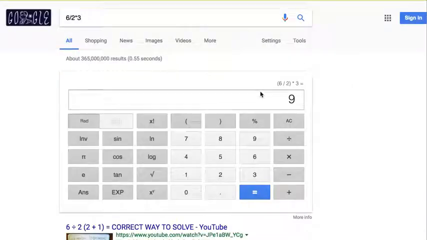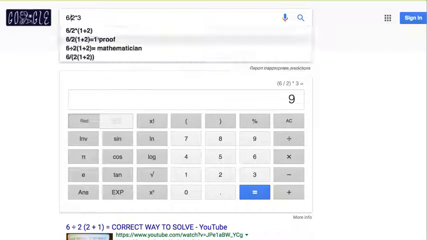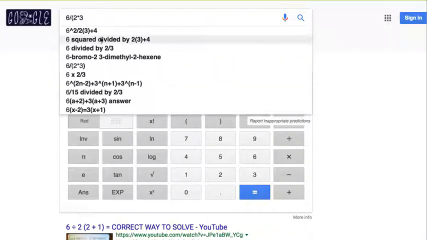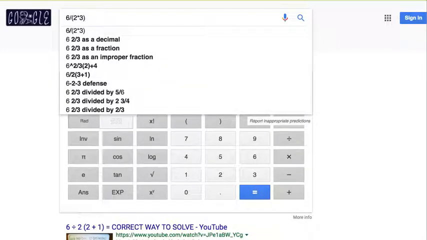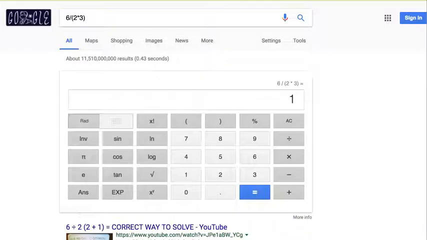And so if you really meant to have 2 times 3 first and then you divide that into 6, then you need to specify by putting in those parentheses. Okay, and this is a really important thing anytime you're doing any calculations.